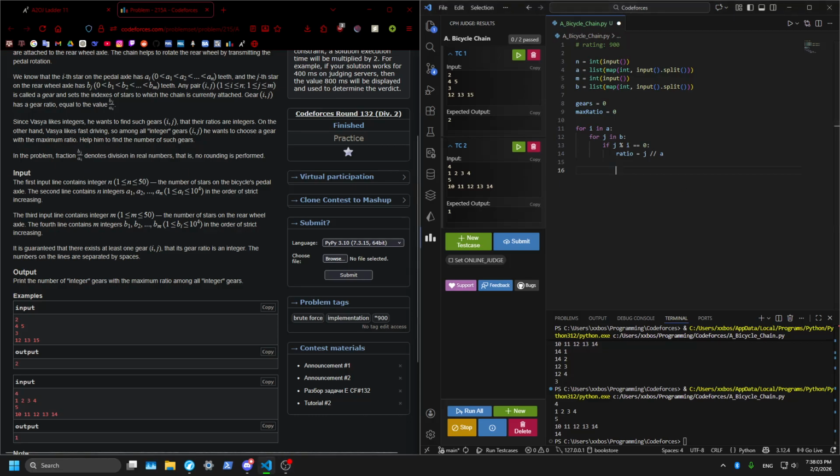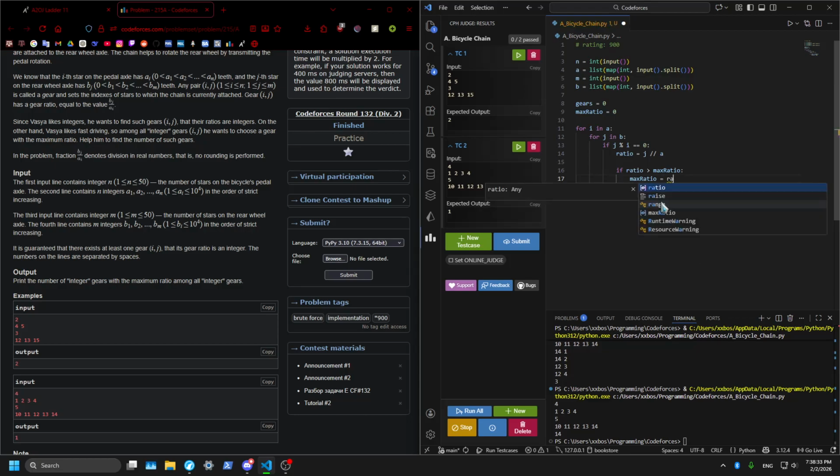For example, if the ratio is greater than max ratio, then we can set max ratio to be equal to the ratio, and we can set the number of gears to 1.